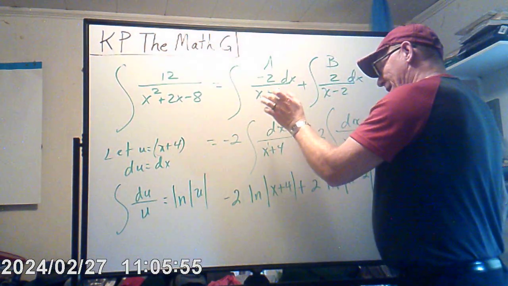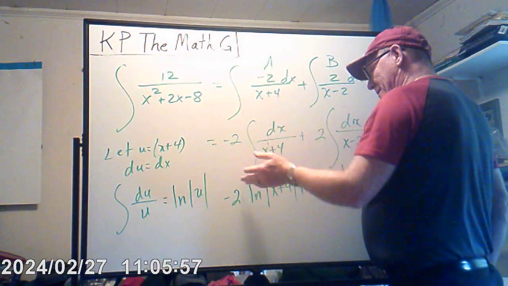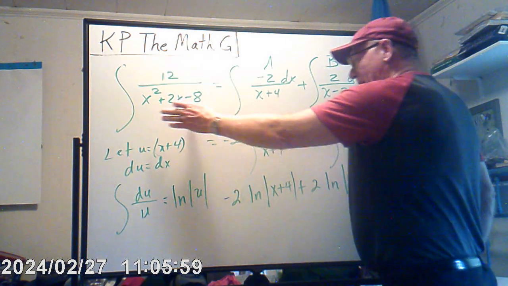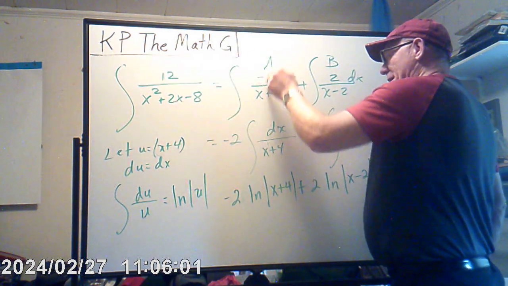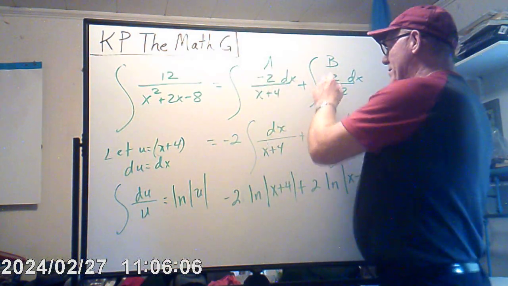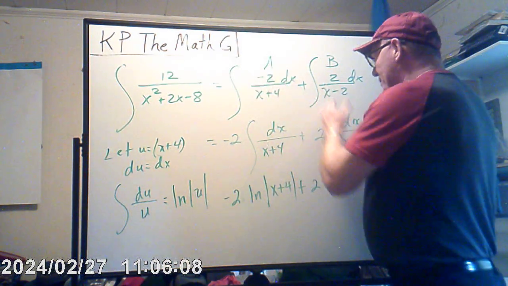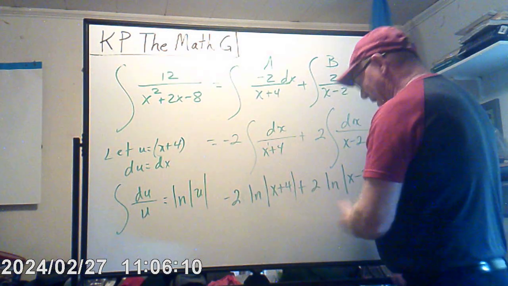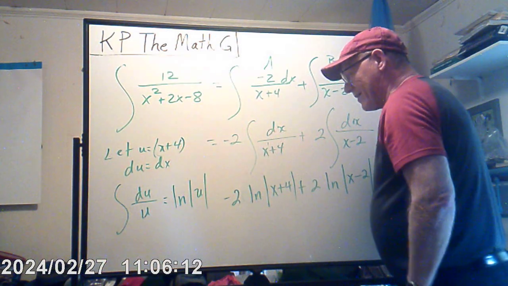You have to say, let's divide it up if we can. Let's factor this and put a over this. We don't know what a is. We did find it to be negative 2, and put b over this, and we found it to be 2. And now we got the ln. We can easily do this, and voila.